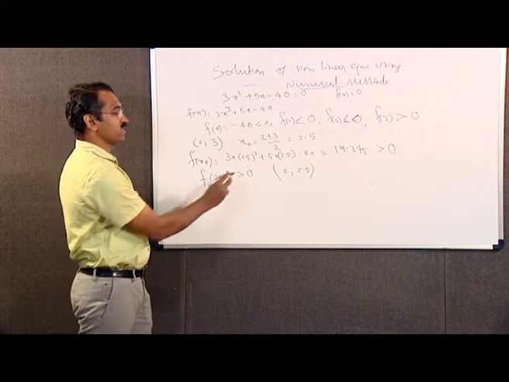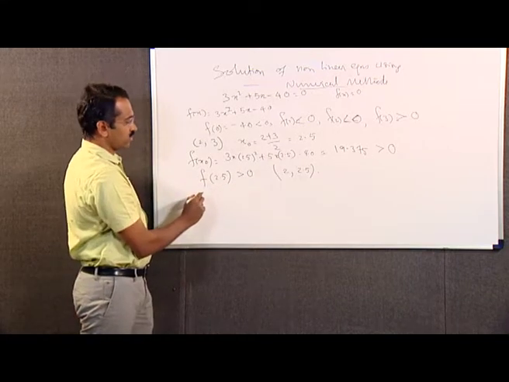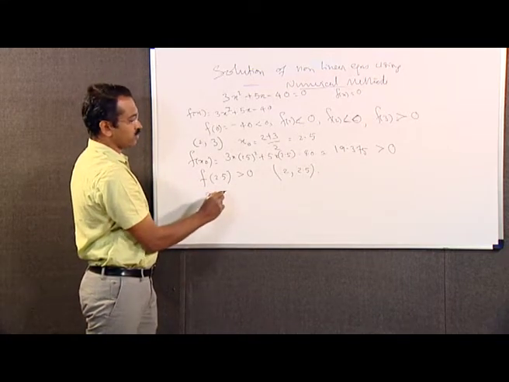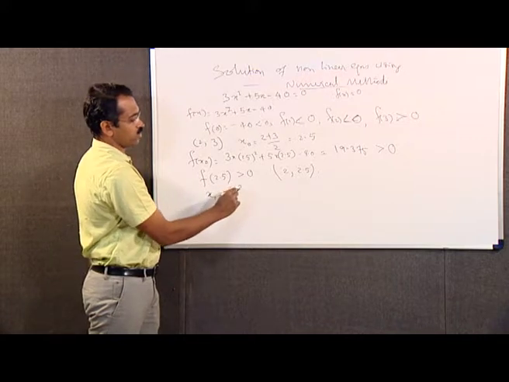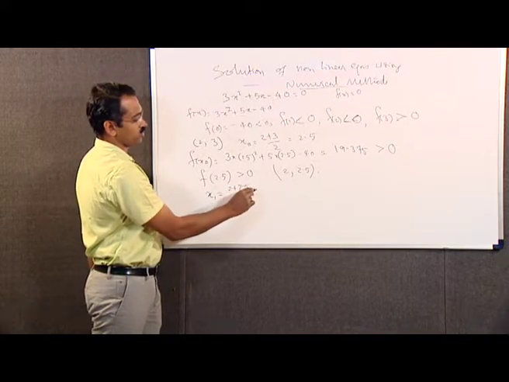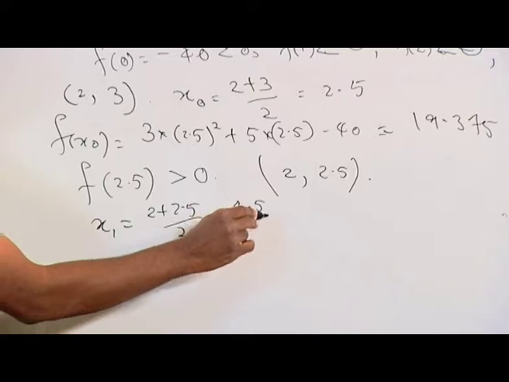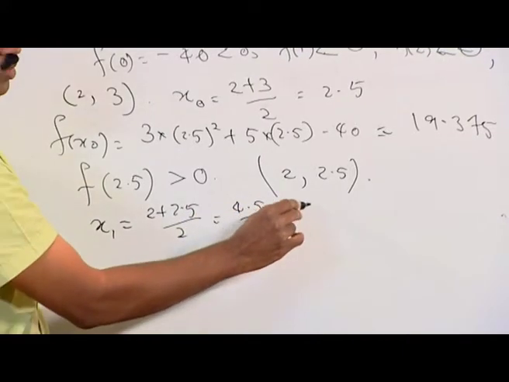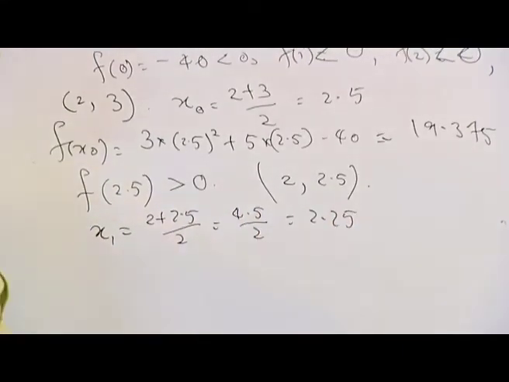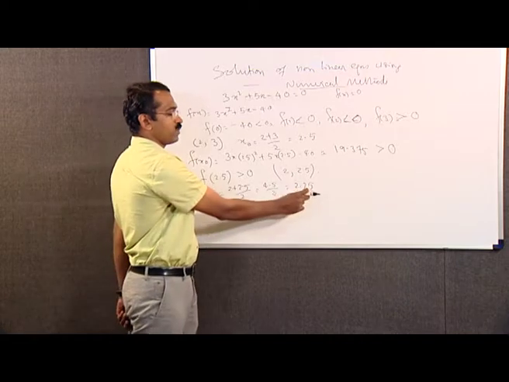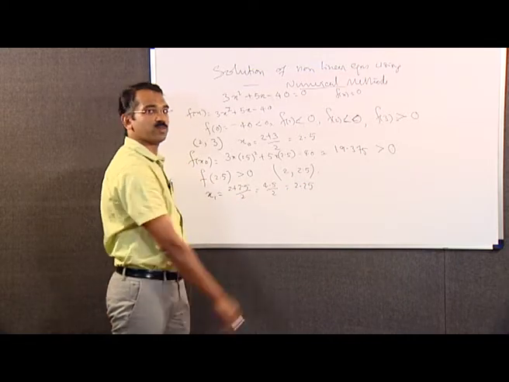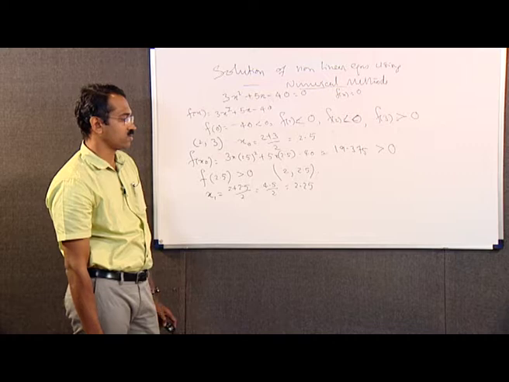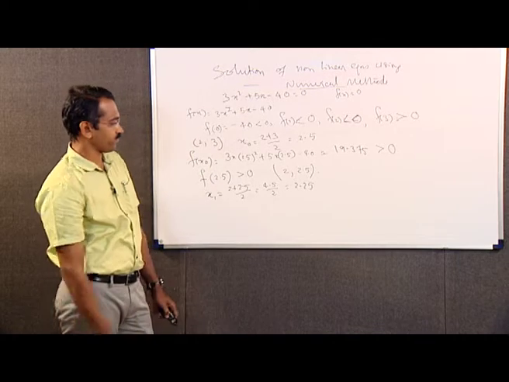Now, we bisect this interval, that is x1 equal to (2 plus 2.5) divided by 2, that is 4.5 divided by 2, that is equal to 2.25, which may be taken as the next approximate value of the exact root of the given equation.